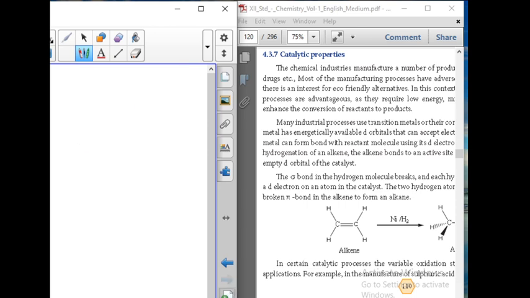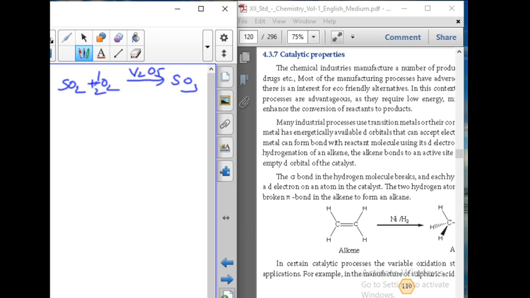What is the action of V2O5? Vanadium pentoxide is used as a catalyst to oxidize SO2. SO2 plus half mole of O2, with vanadium pentoxide, gives SO3. This catalyst can also be reduced into vanadium dioxide.